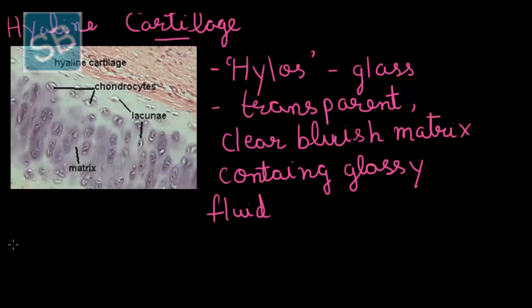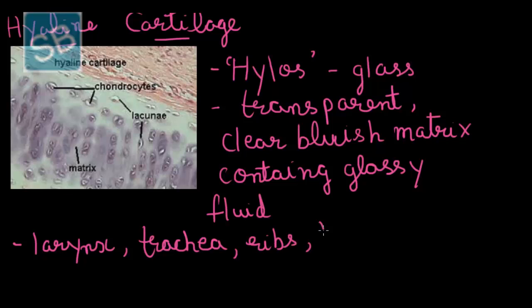This type of cartilage is generally present in the larynx, trachea, ribs, hyoid bone, and sternum.